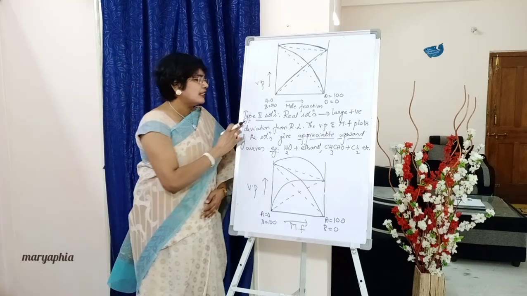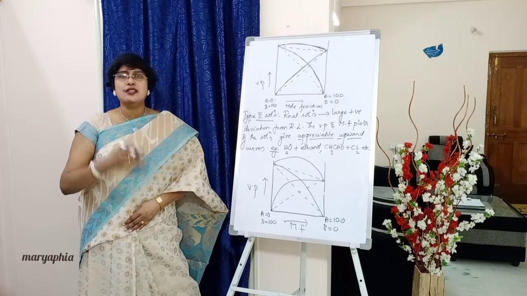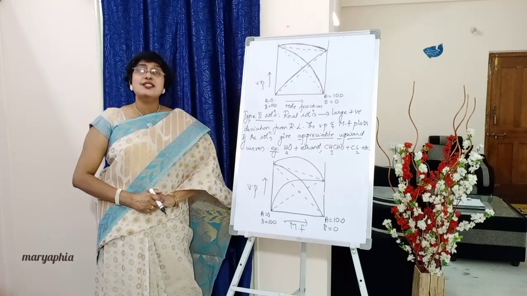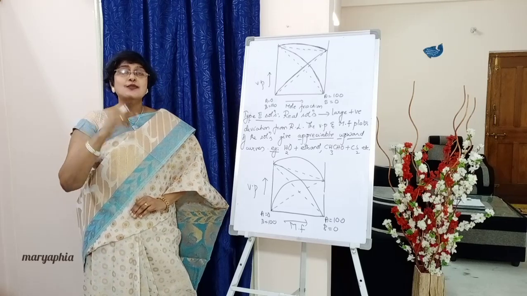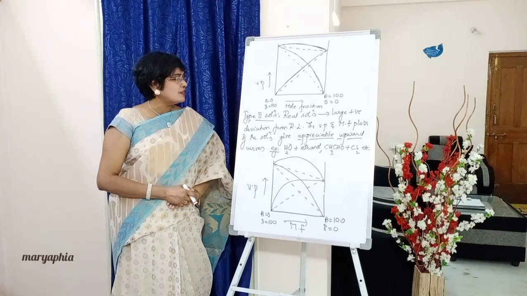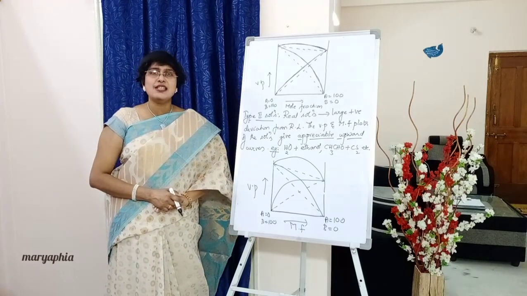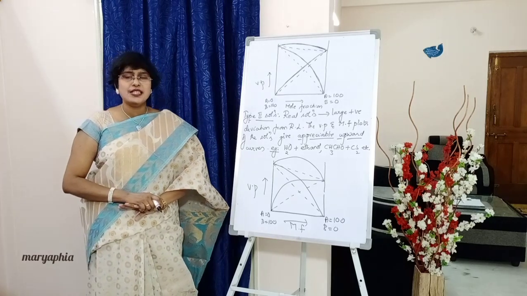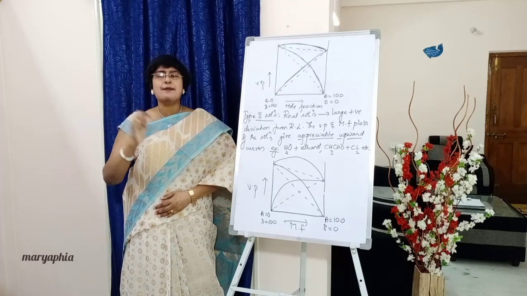Okay, next type 2 solutions, students. Type 2 solutions are the real solutions which show large positive deviation. For type 1 solutions, we have mentioned: the real solutions showing small positive deviation, therefore slightly upward curves.